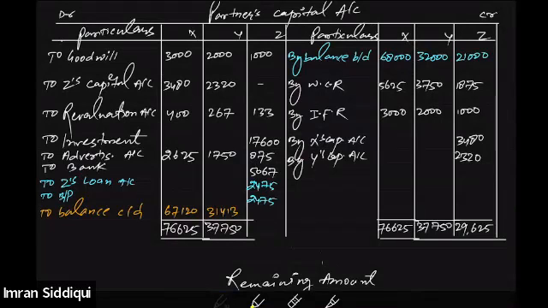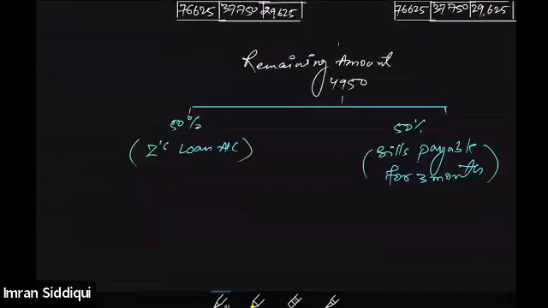Now we will total both the sides. 29,625. Done. So let's now prepare the balance sheet.